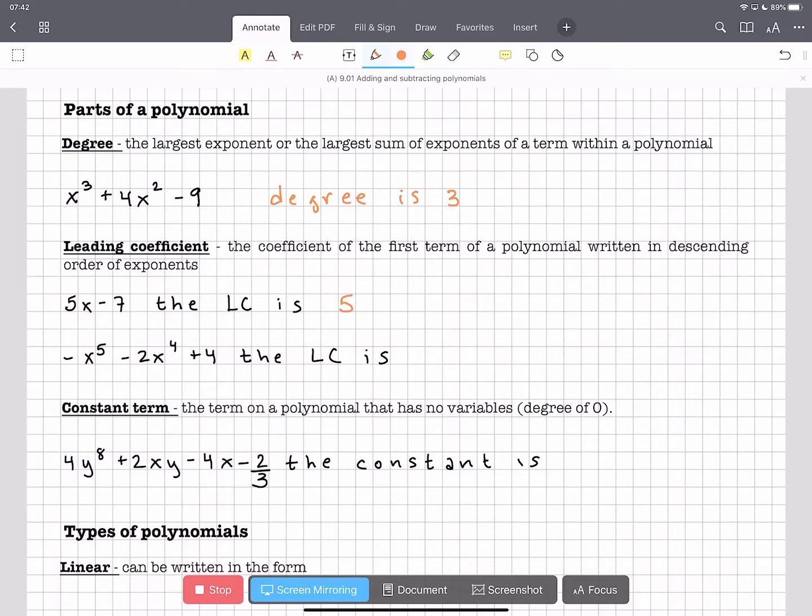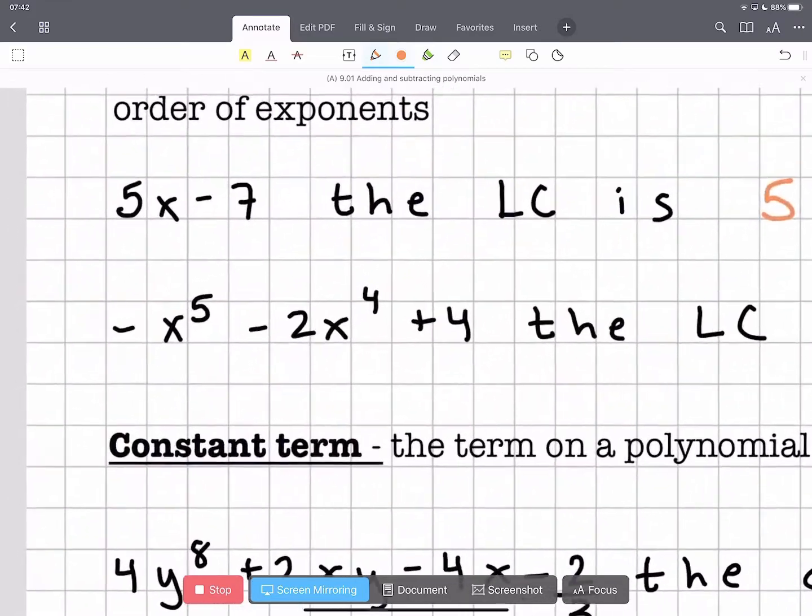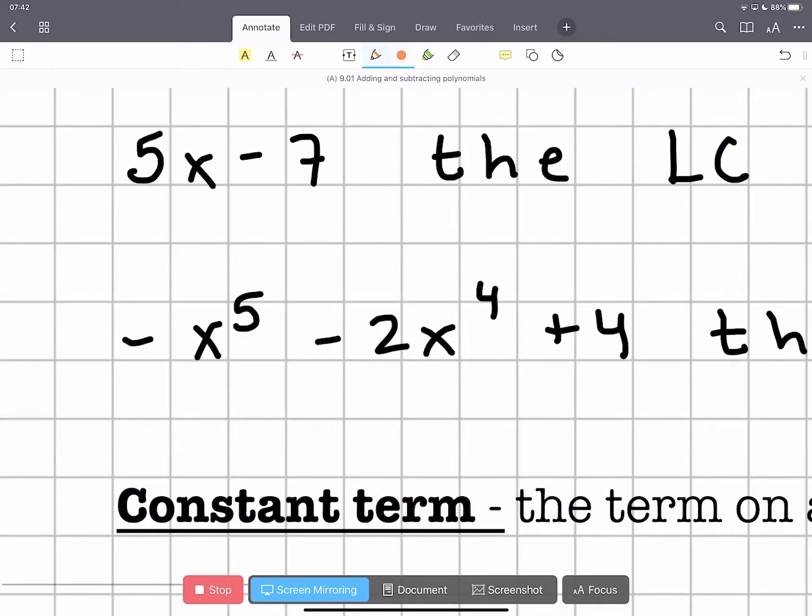Then we have negative x to the 5th minus 2x to the 4th plus 4. This is also written in descending order already, so the leading coefficient here is negative 1. And as we recall, if there is not a number in front of a variable, we can put a 1 there. So now we can see there's our leading coefficient.